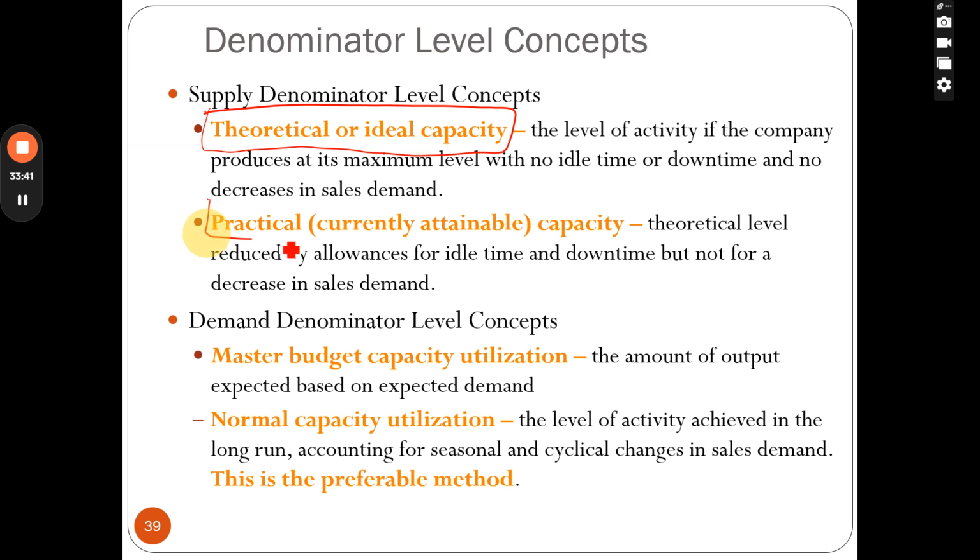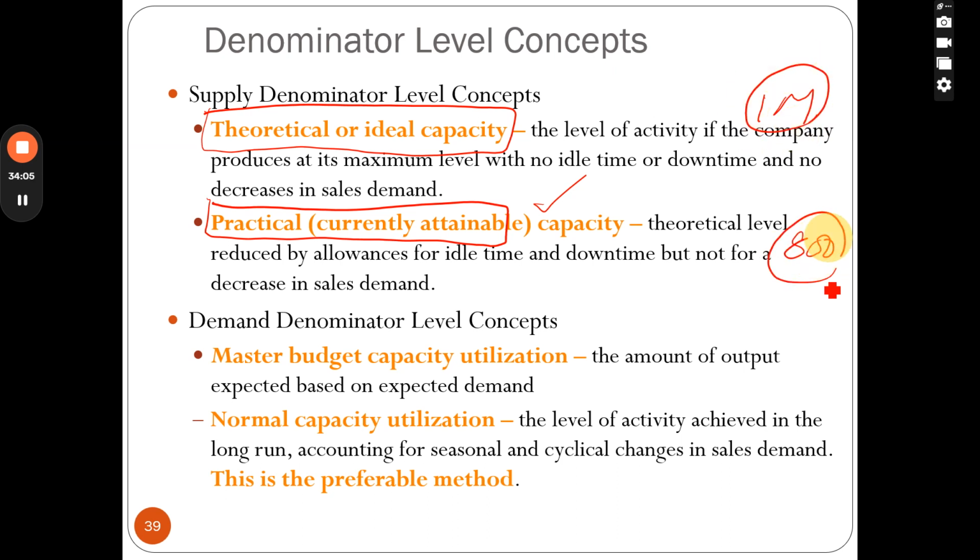But the second one is practically how many units you can make, because we have to consider there will be idle time, downtime, and sometimes breakdown in the operation. So if you consider that, what is practically achievable? That is practical capacity. So maybe theoretically I can make 1 million units, but practically only 800,000 units are possible.